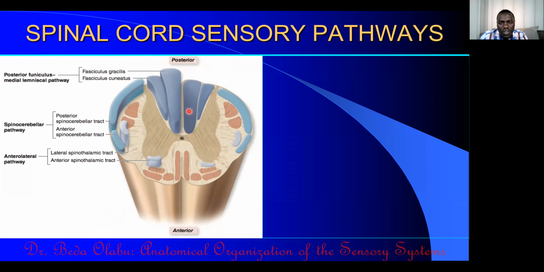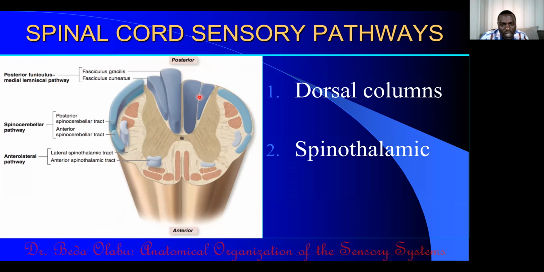Remember what we mentioned? The dorsal columns are on the posterior aspect of the spinal cord. We'll have fasciculus gracilis and fasciculus cuneatus. These ones carry sensations regarding vibration, proprioception, and fine touch.